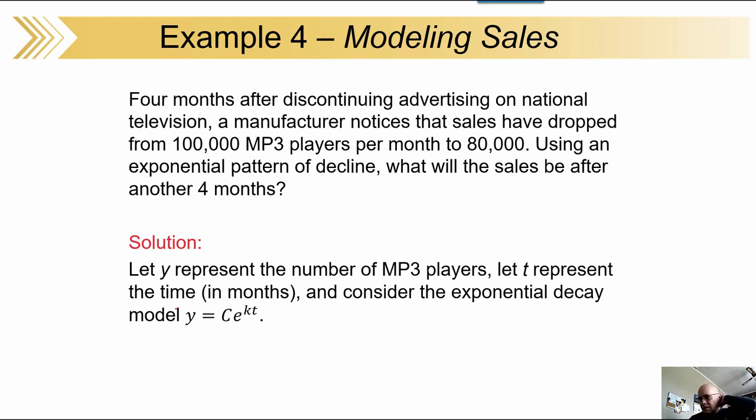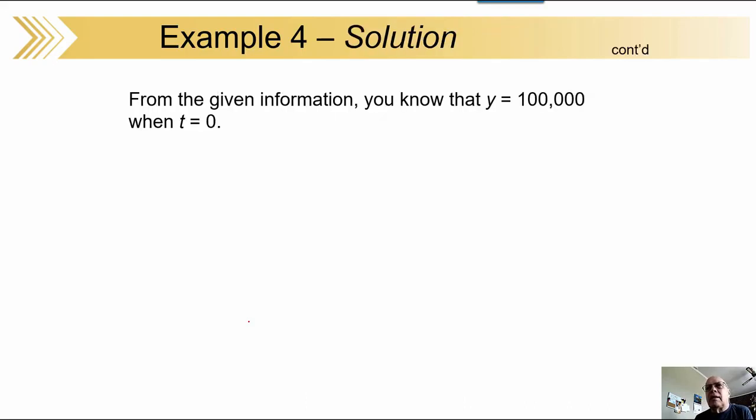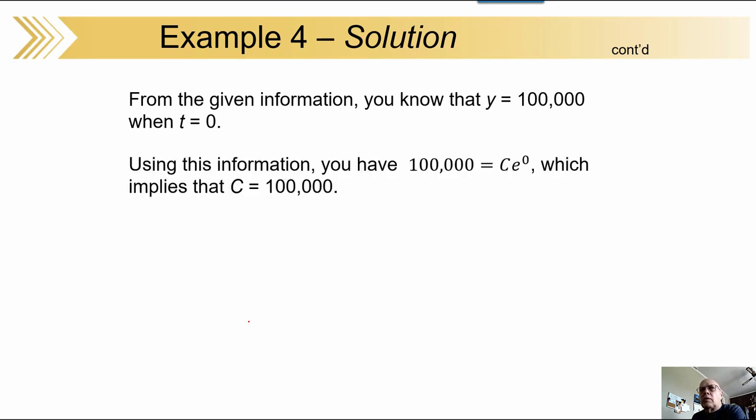So this is what our model is going to look like, because we believe it's an exponential growth. We'll take the initial information and put that in there. 100,000 is how many MP3 players are sold. C we don't know yet. E is E. And K we don't have.